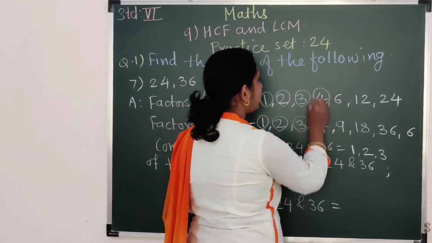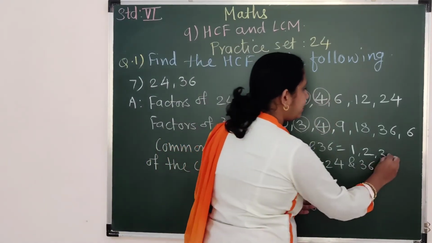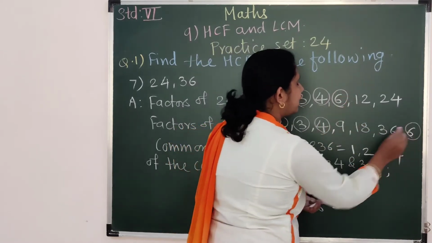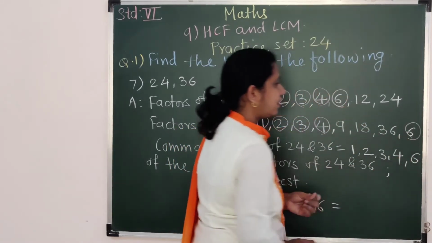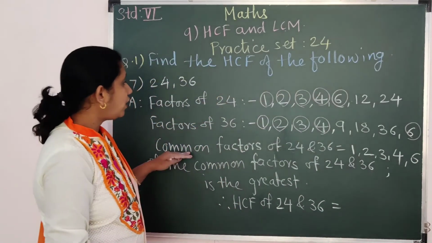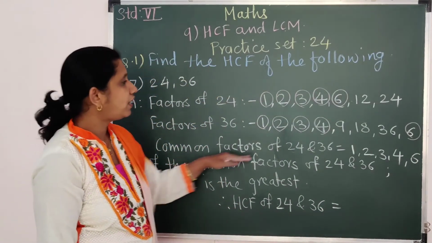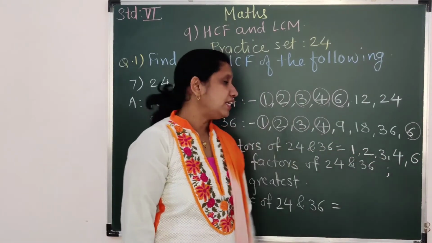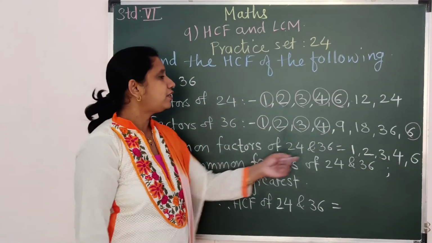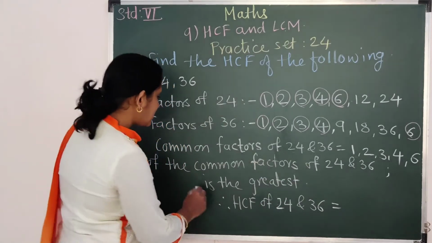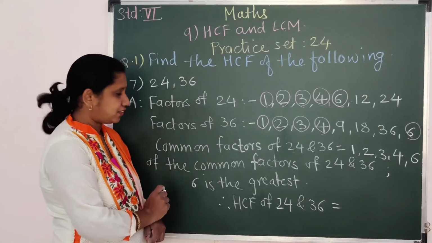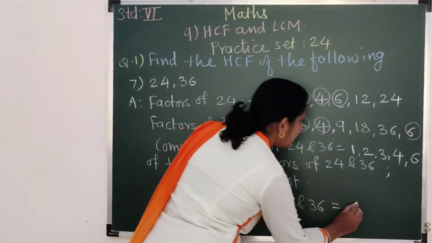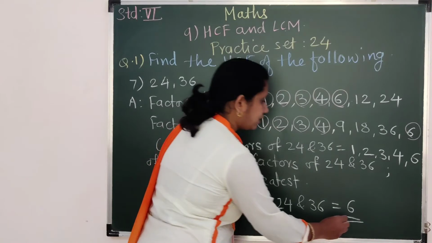Now 4 is one more common factor, so write here 4, and the next common factor is 6. So which all are the common factors of 24 and 36? 1, 2, 3, 4 and 6. Of the common factors of 24 and 36, 6 is the greatest. Therefore, HCF of 24 and 36 is equal to 6.